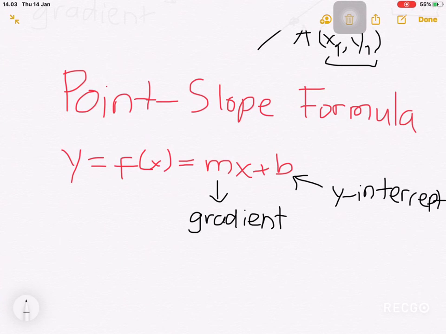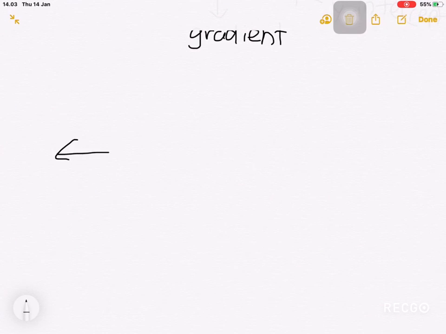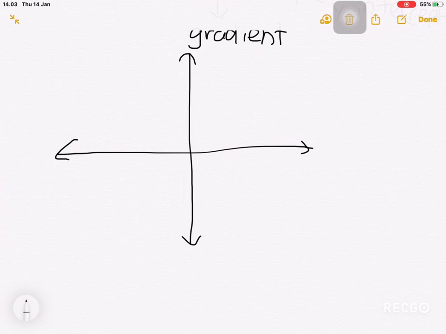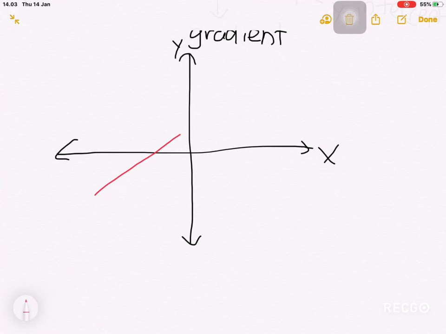I'll quickly explain what the y-intercept is first. Basically the y-intercept is a point of a function when drawn in the xy plane. Assume we have a function like so.